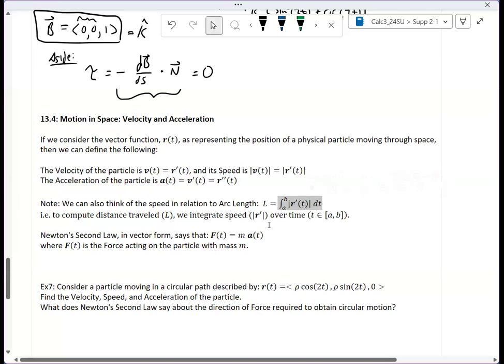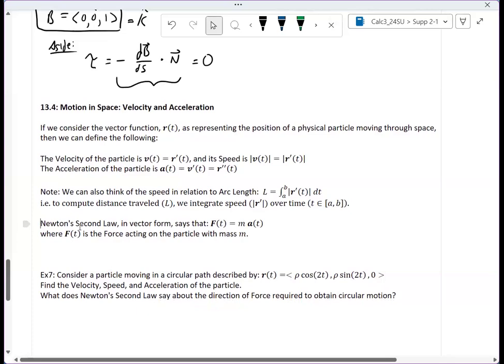In other words, to compute distance traveled, the arc length, we integrate speed over time. So that's another interpretation of arc length. We're finding a distance by integrating a speed over a time.